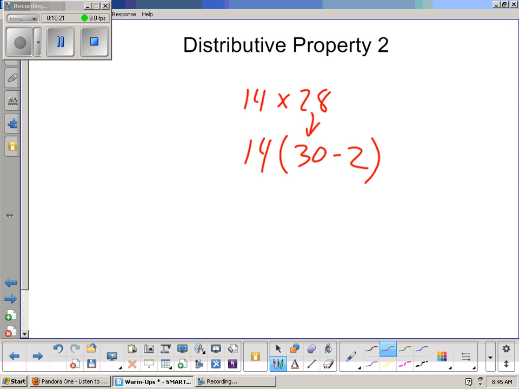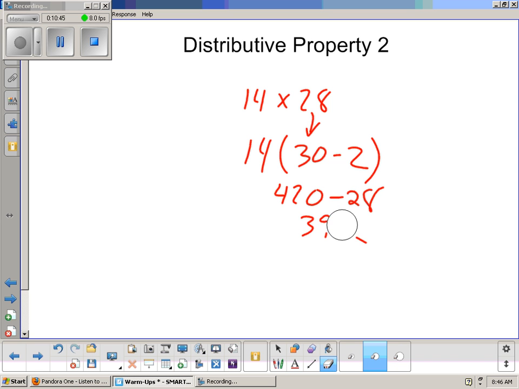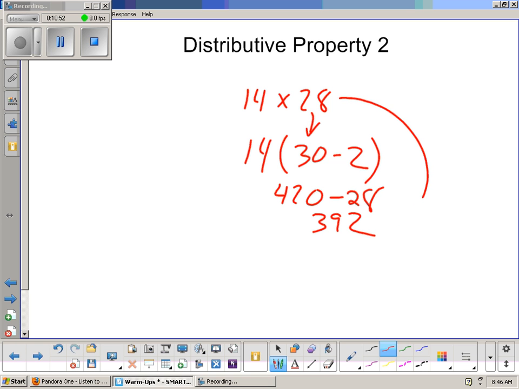Oh, this just got harder for me. 14 times 30 is 420. 14 times 2, if we remember, is 28. And so now if I do my subtraction, we're looking at 392 as my answer, right? Hopefully that works out. 420, minus 28, yeah.